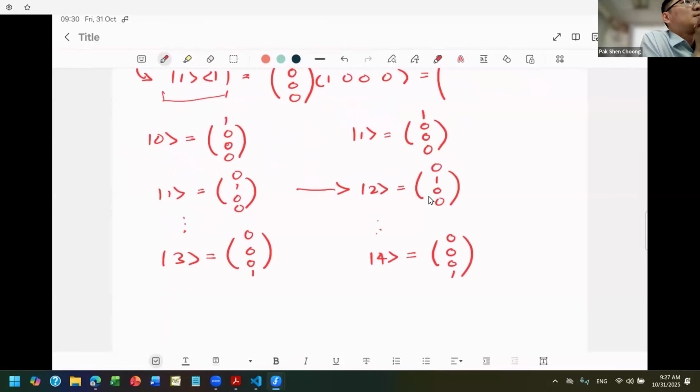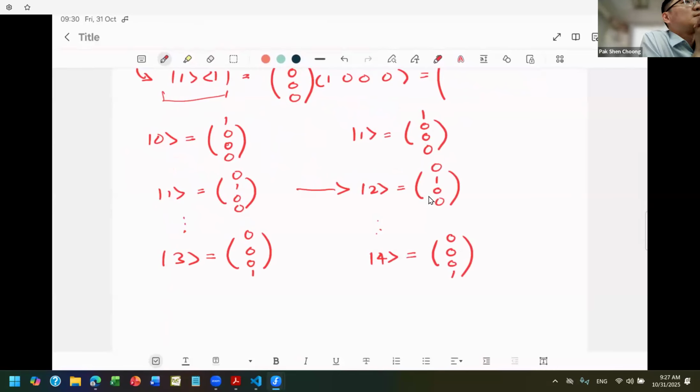Okay, so what we did is basically something like this, right? And then this corresponds to 1000, if you do the matrix multiplication.